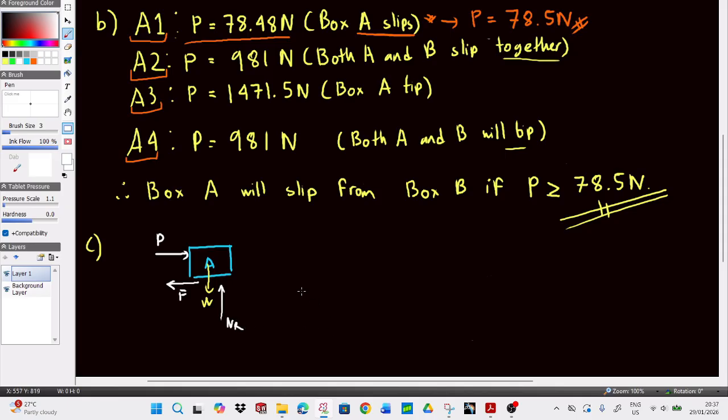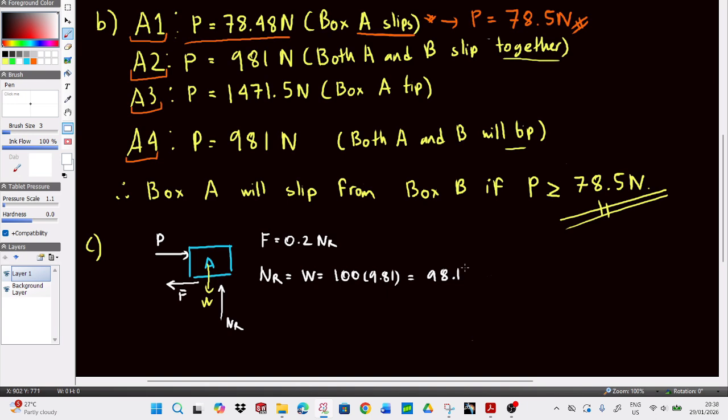In this case, we know that our static frictional max is 0.2 times R, and we know that R is equal to the weight, which is simply 100 times 9.81.